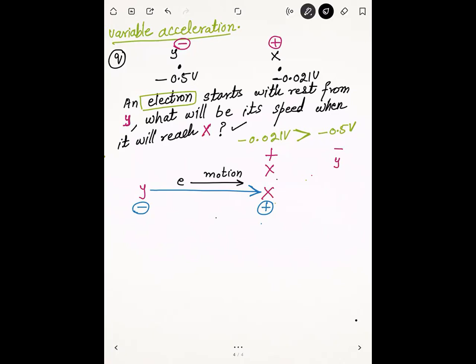And in this motion, the electron is accelerating. Force is in the direction of motion. However, the force could be variable or it could be constant. Since it's not given, equations of motion should be avoided. This question will be solved using conservation of energy. Motion is in the direction of electric force.